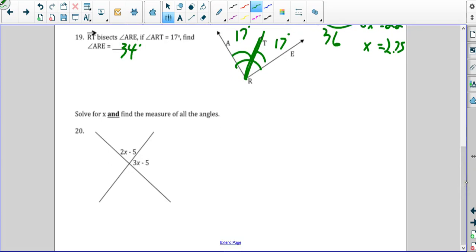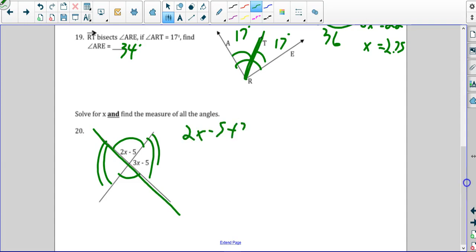Last but not least, number 20. We have an X. We have vertical angles. Those are equal. Those are equal. But all we need to know is these angles form a straight line, which means they're supplementary.